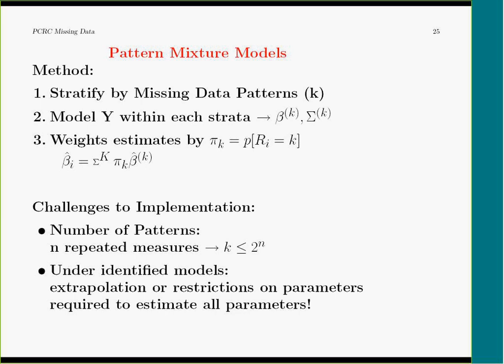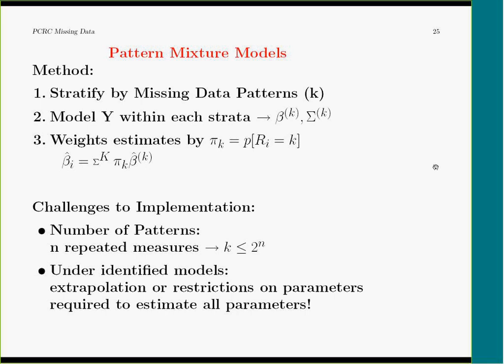But the idea is that we stratify the participants by the missing data pattern. We model within each strata. So within each strata, we're assuming that the data is missing at random, which is totally a valid assumption. Then we weight the betas from each of those strata by the proportion in each one of the strata.